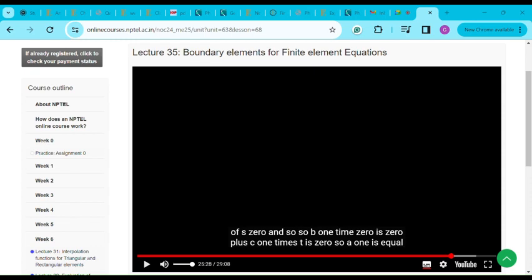T3, T4 are unknowns, and these two are unknown forces. So you have to find these 4. So this is how you solve 2D single variable problems.